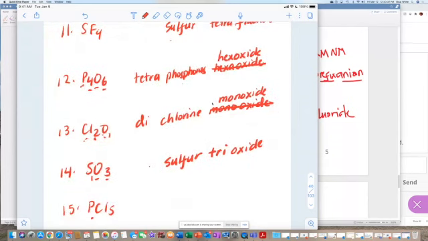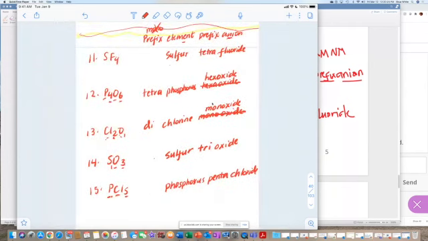Skip the mono. Go straight to phosphorus. Name that phosphorus as an element. And then there's 5. 5 is penta. And then Cl, chloride. Okay, so I named that set.